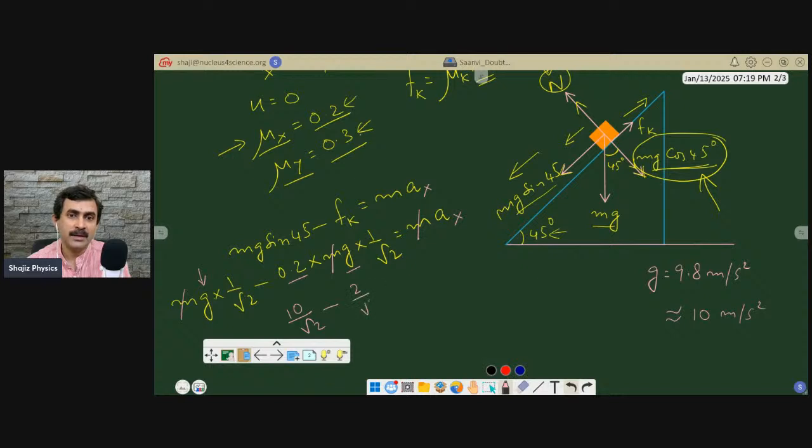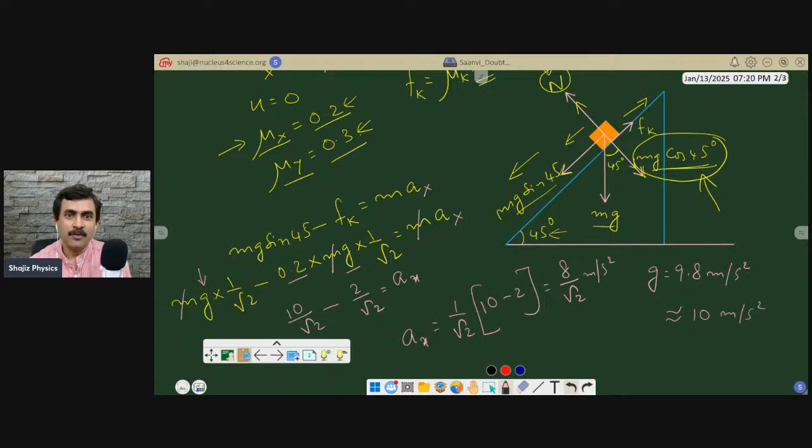So 2 by root 2 is equal to ax, or ax is equal to 1 by root 2, taking out a common factor, into 10 minus 2. What am I getting? 10 minus 2 is 8. So 8 by root 2 meter per second square. This is the acceleration of x.